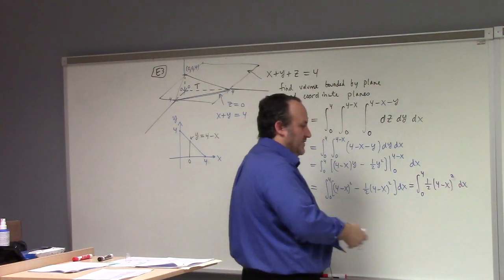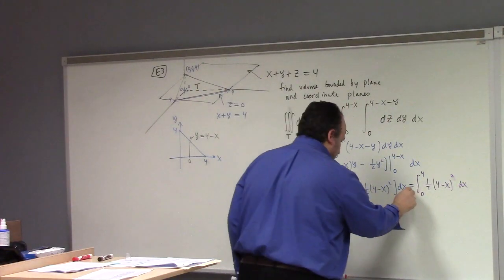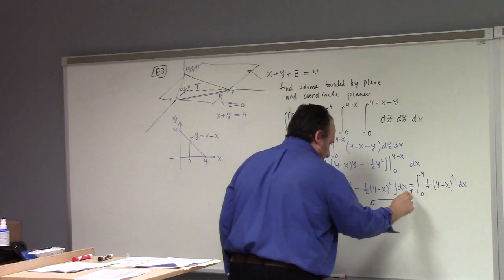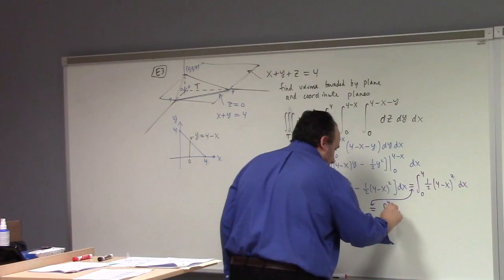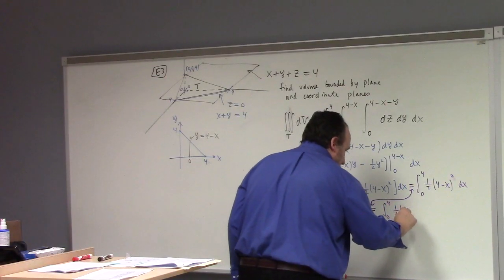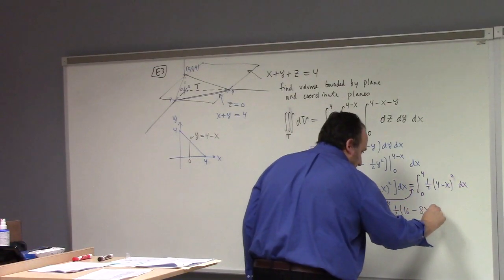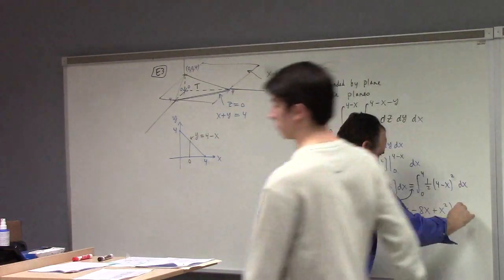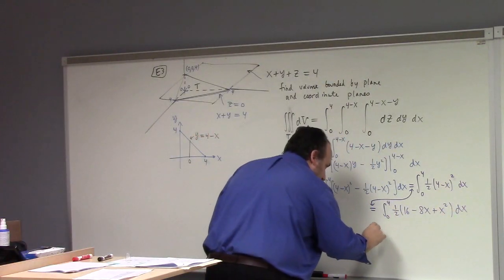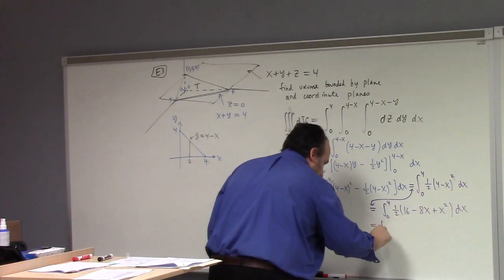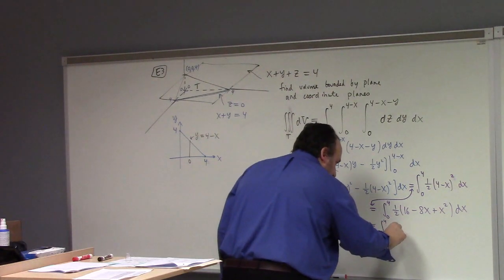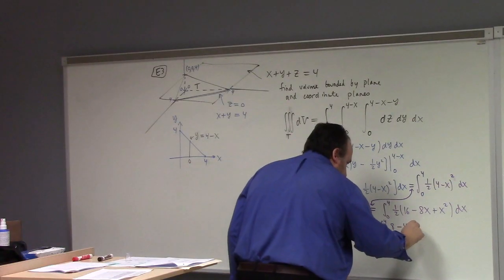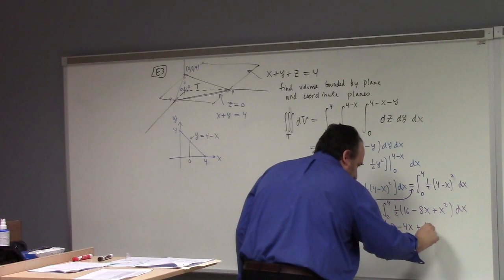And there are various ways to go forward here. Like, yes, we could distribute that. Let me just do that. You can make a substitution here, do that integral if you wanted, but I won't. Integral from 0 to 4 of 1/2 of 16 minus 8x plus x squared dx, which is the integral from 0 to 4 of 8 minus 4x plus 1/2 x squared.